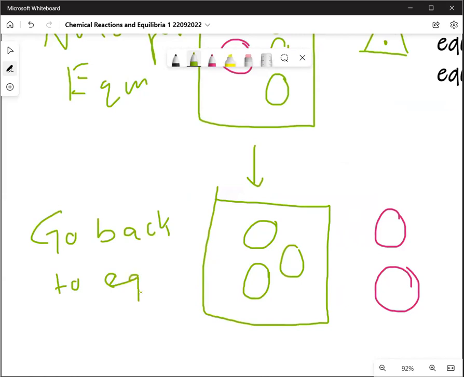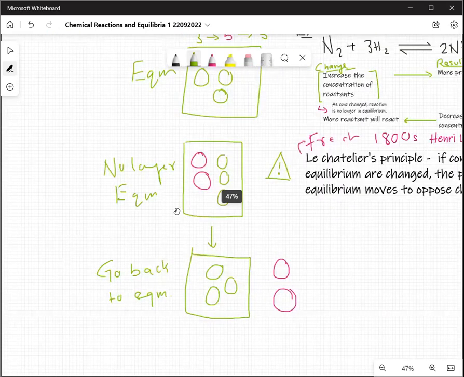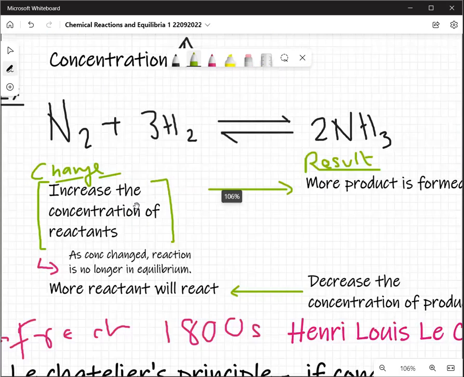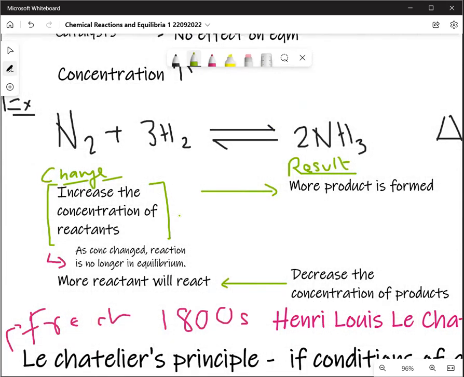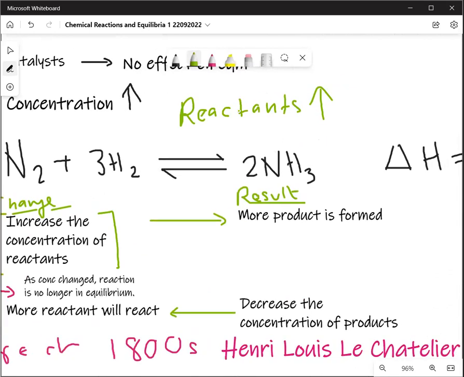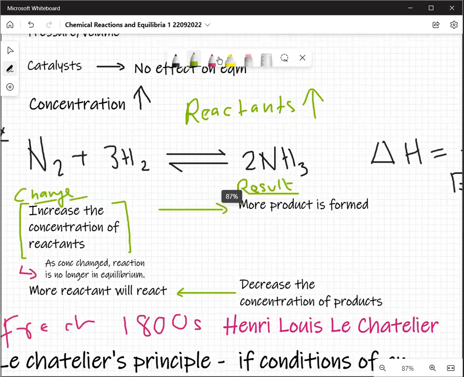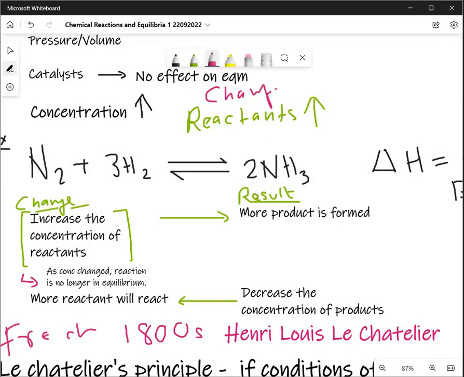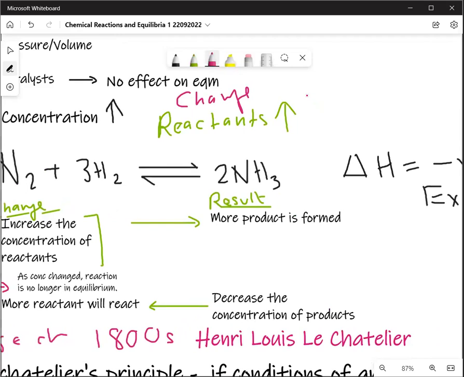Making sense? Now in the same way, if I increase the concentration of reactant, what will I have to do to reverse that? Let's say if I increase reactant, what is the opposite of increasing reactants? I'll repeat the question.